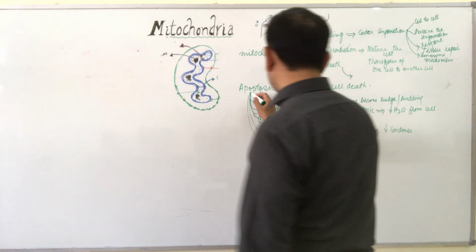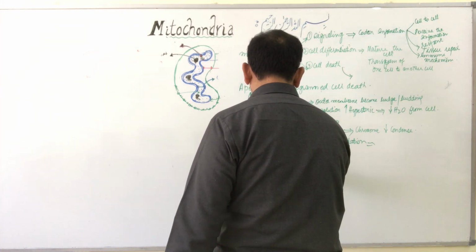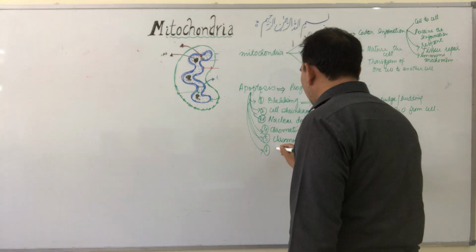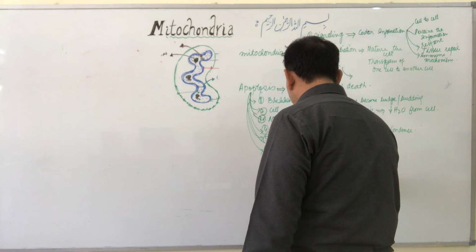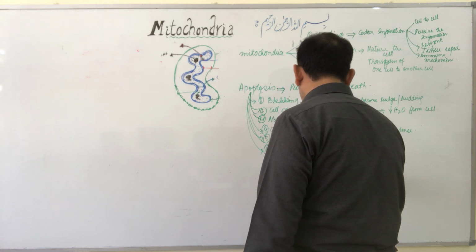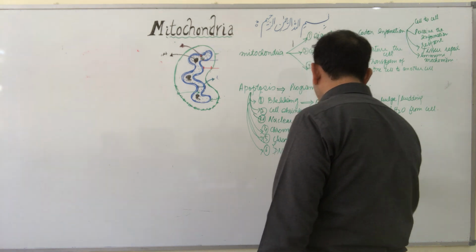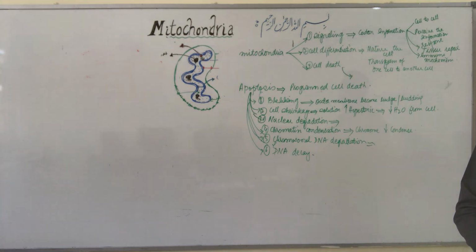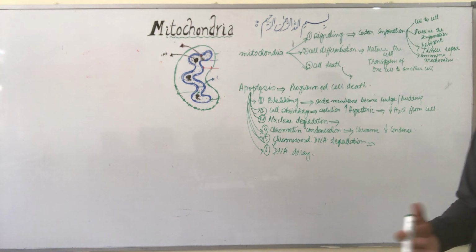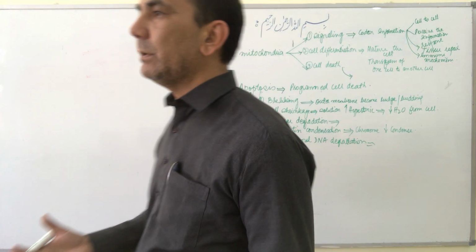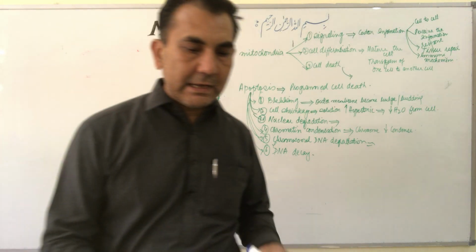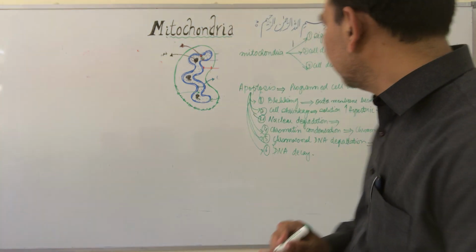And the sixth one is called global DNA decay. When the DNA decreases, definitely the mechanisms of transcription and translation cease, and the cell dies.